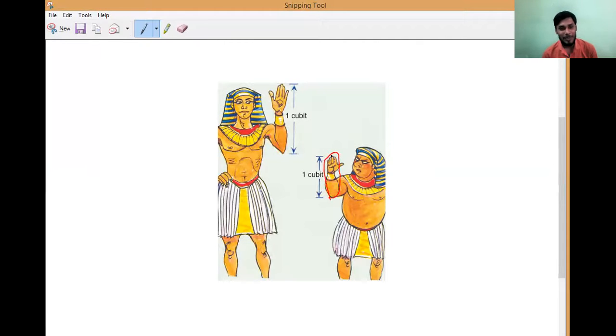So the distance between his fingers and forearm is very small. This we can call 1 cubit, and this also we can call 1 cubit, like your hand and my hand. Both we are saying this is 1 cubit and this is 1 cubit, but it does not mean that both are equal. Is it yes or no?